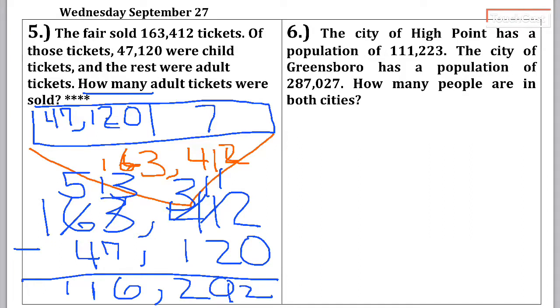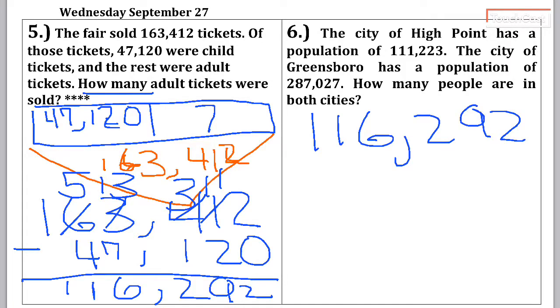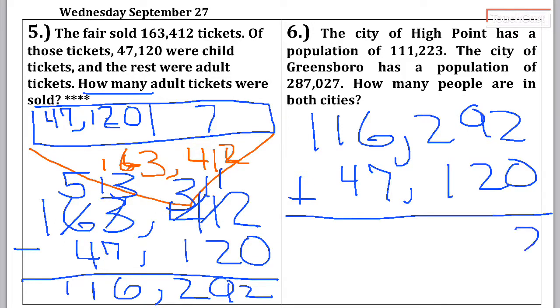And if we want to check our work, of course, just like Miss Yao said, we can go back, take our answer, and add our 47,120 tickets. 2 plus 0, 2, carry our 1, 3, 2 plus 2 is 4, comma, 13, carry our 1, 4 plus 2 is 6, 1 plus nothing is nothing. So that's how you check your work, and that's how you make sure you take your time and read your word problem to comprehension. You know this.